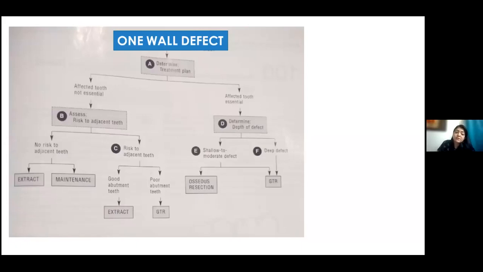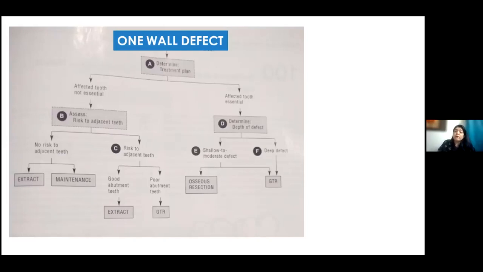If there is a risk to the adjacent teeth, and the tooth can act as a good abutment tooth, then you can extract. If the adjoining tooth is a poor abutment tooth, you can attempt regeneration. Regeneration means bone grafting with membrane, so you can do guided tissue regeneration. If there is no risk to the adjacent tooth, then you can just extract this tooth or maintain.